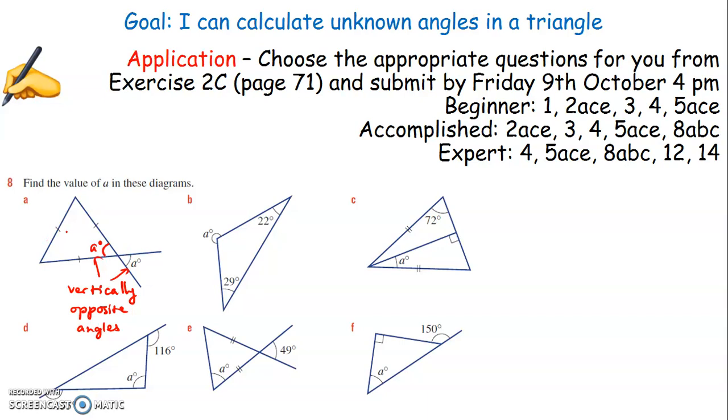Now, the other thing that I notice here is that it's got three equal sides. What does that mean? Three equal sides mean that we are dealing with an equilateral triangle.